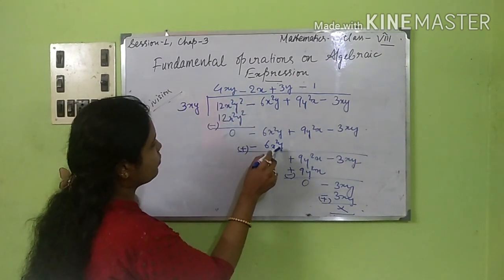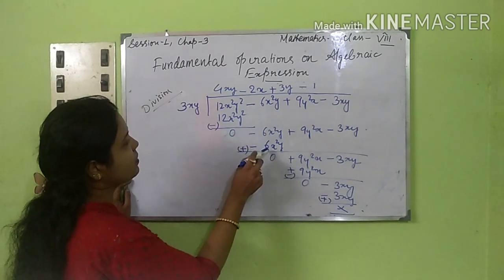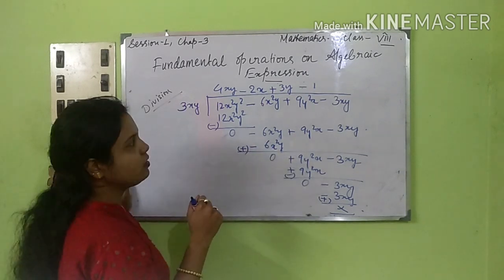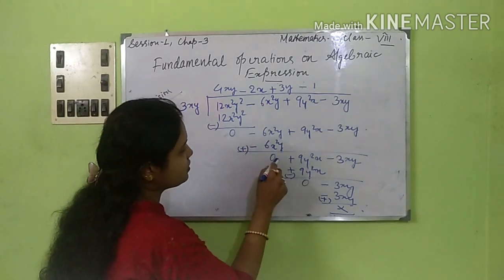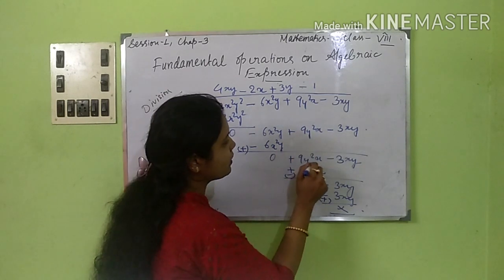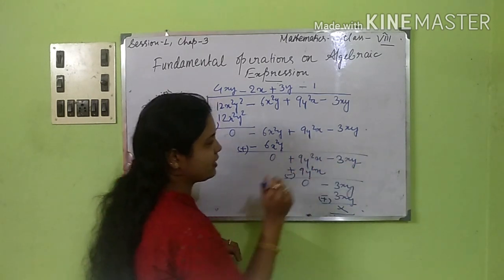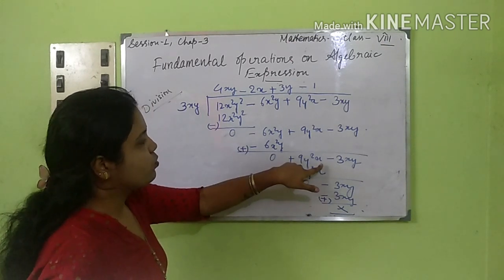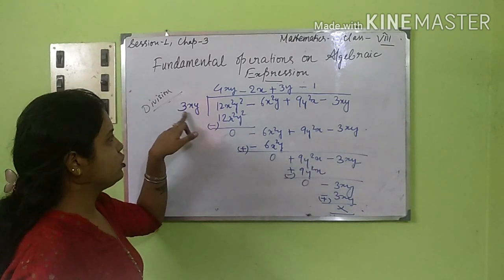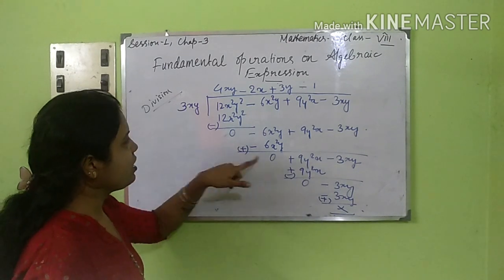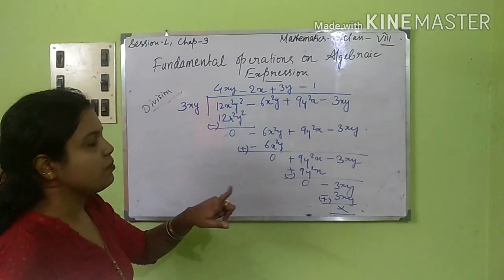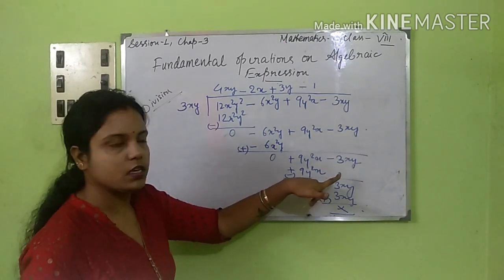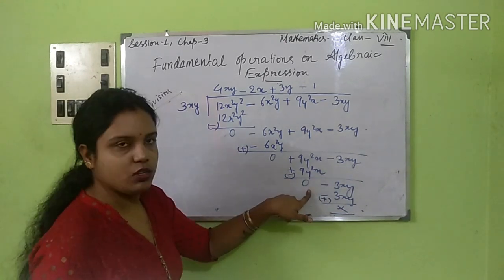So 6x²y is the desired value, so we have to multiply with 2x to get 6x²y. So again change the sign, get 0. 9y²x minus 3xy has come down. Now we have 9y²x here and we have 3xy here. So we'll keep it plus. So 3 and our extra y has to be multiplied. 3y has to be multiplied with 3xy to get 9y²x. Again change the sign, you'll get 0 as a remainder.